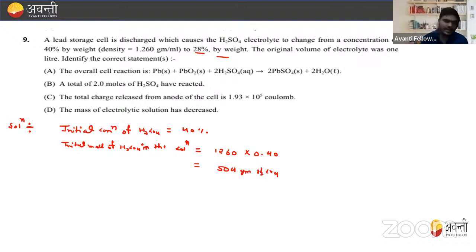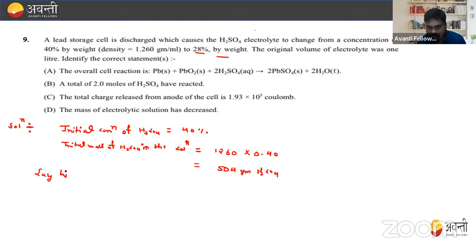Let us assume when their concentration is changed from 40 to 28%, there will be a change in this one, right? So how will you write this?